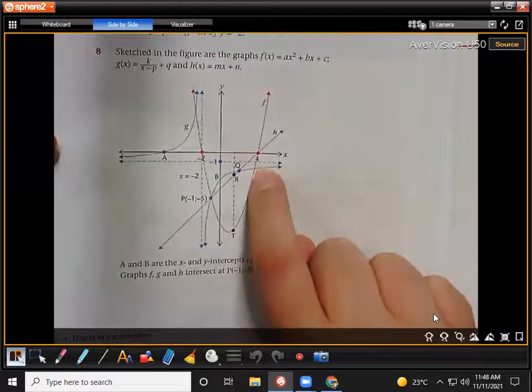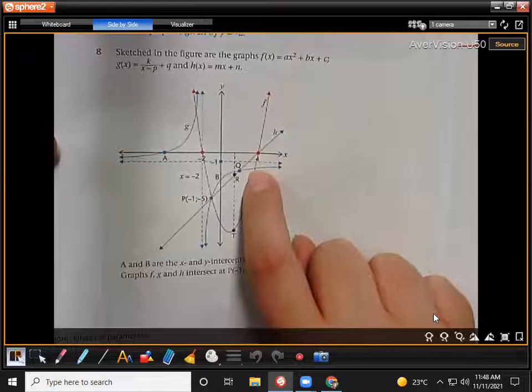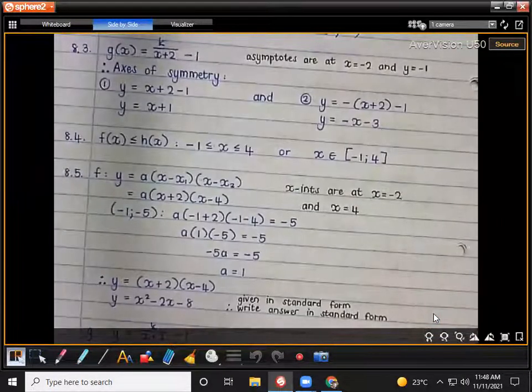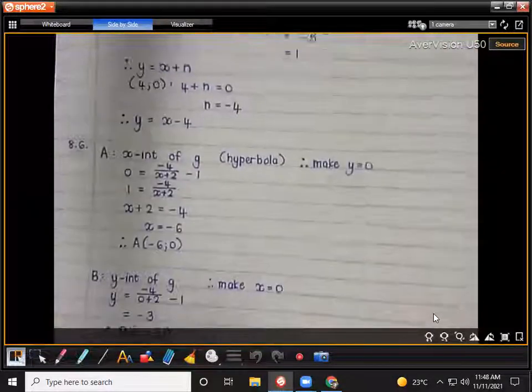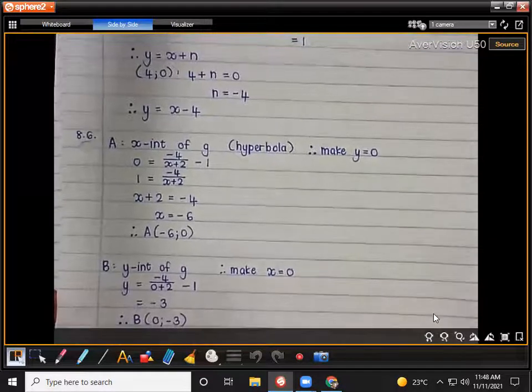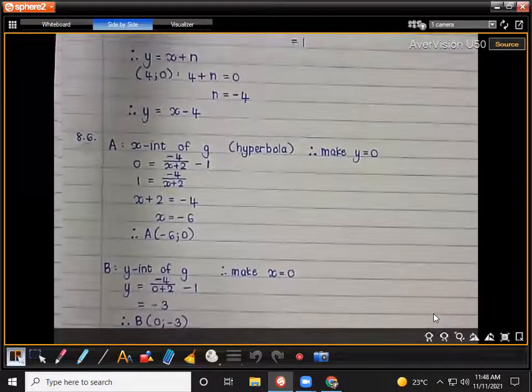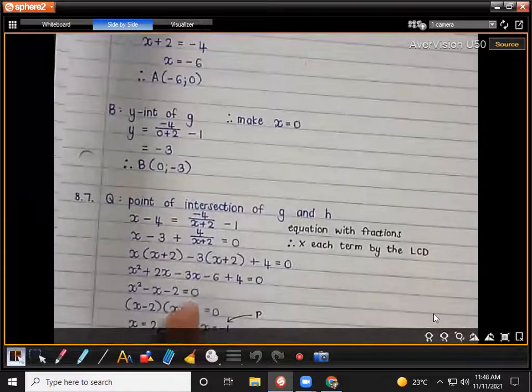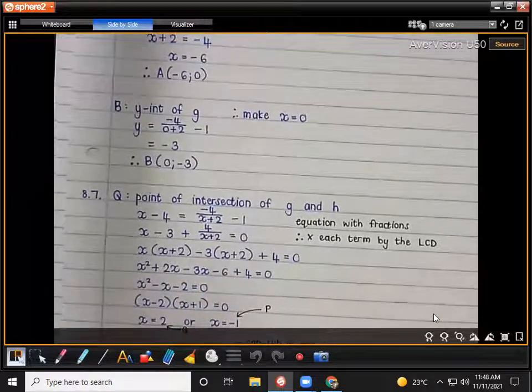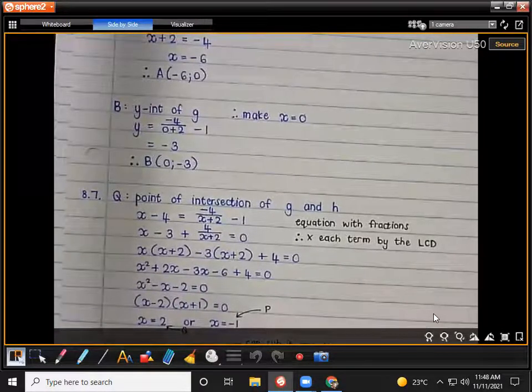Okay, guys, so how would you find this point? How would you calculate this one? The whole simultaneous equation thing, right? I think I might have calculated it further down. Let me just check. Yes. I found the point of intersection of G and H. Yeah, which is different.